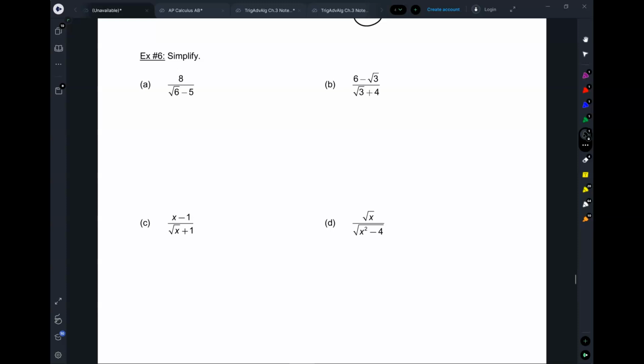So I need to multiply top and bottom by the conjugate of that denominator, which will be root 6 plus 5. The only difference is with the imaginary numbers, we always just changed the sign of the imaginary part. Here, you're just going to change the sign of that middle.